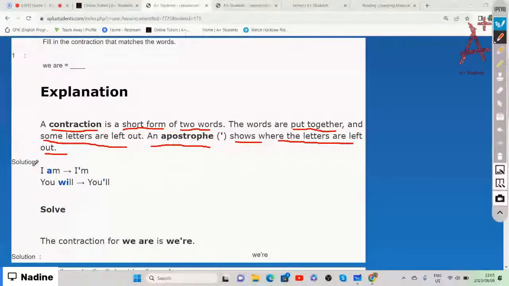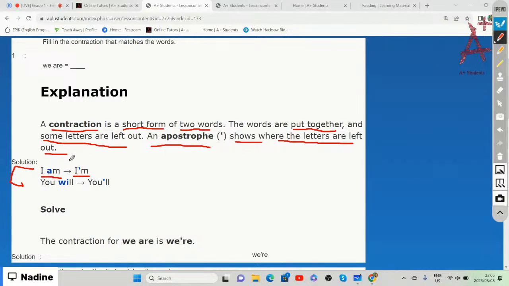An example of a contraction is I am. So I am is two words, but now the short form of the two words, also using the apostrophe, is I'm. So it is I, apostrophe, M. So I'm.